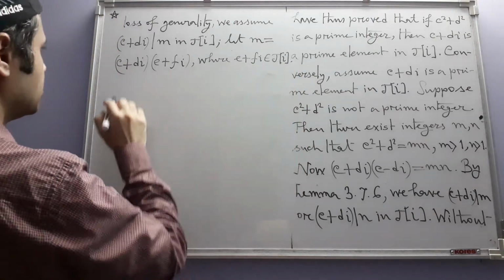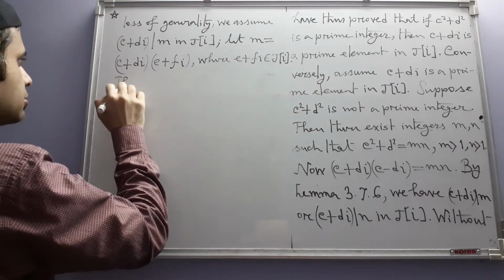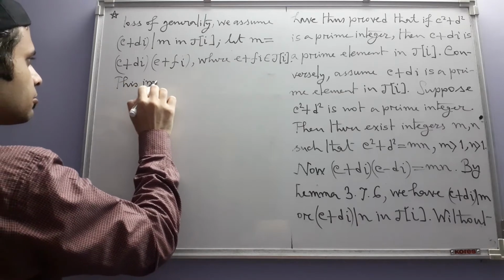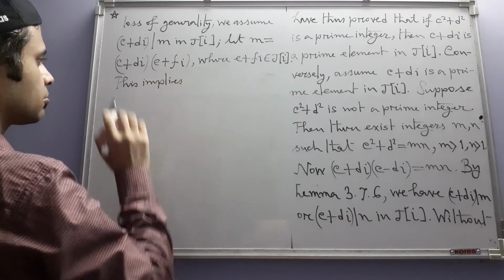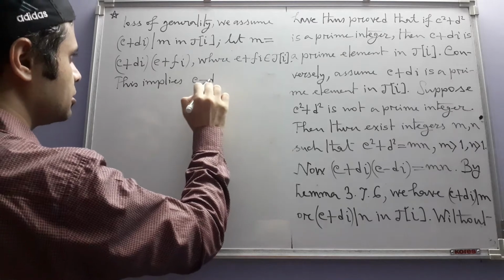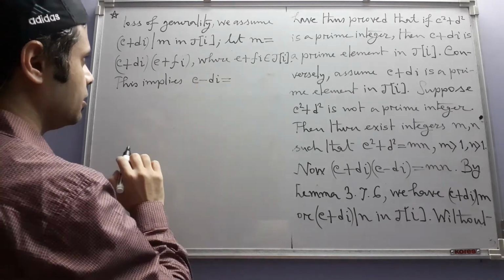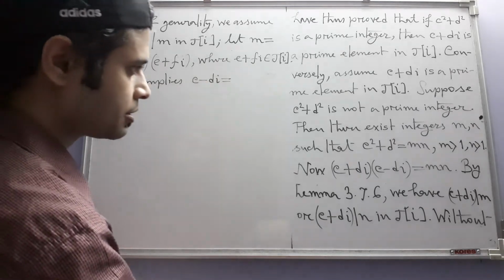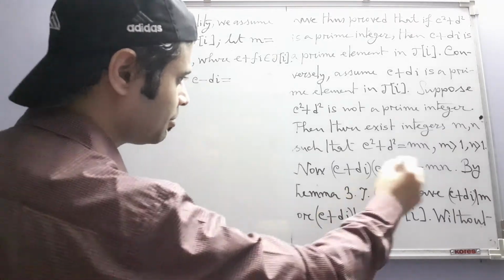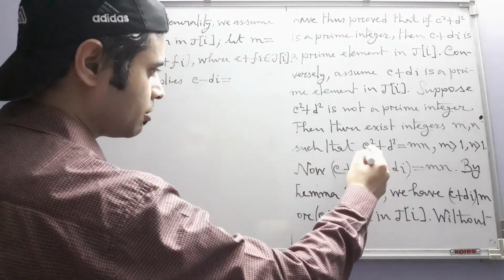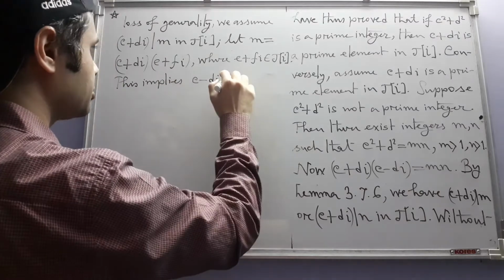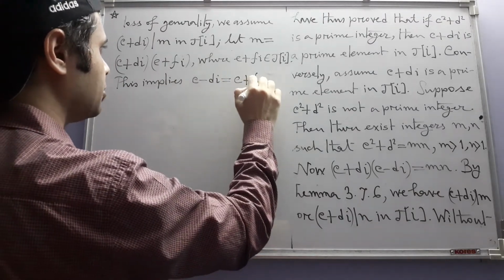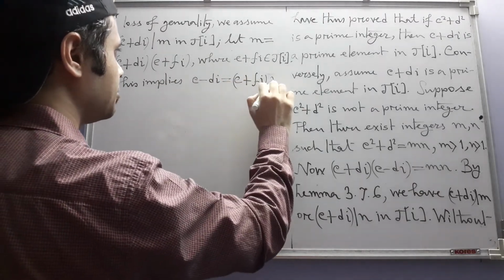Okay, this implies C minus di is equal to, if we cancel C plus di from both sides, E plus Fi times n.